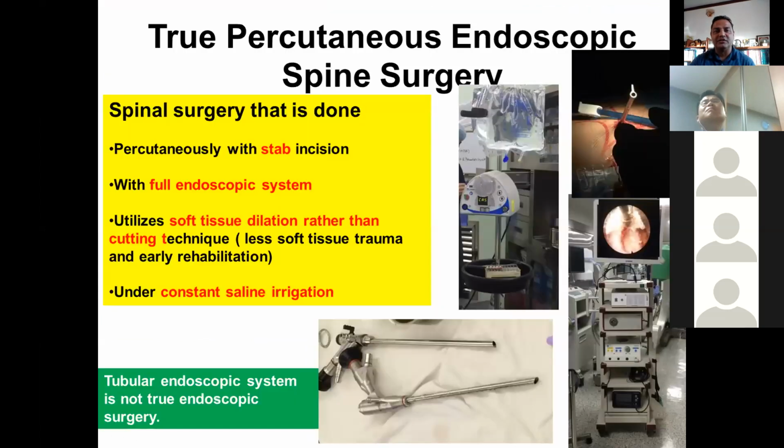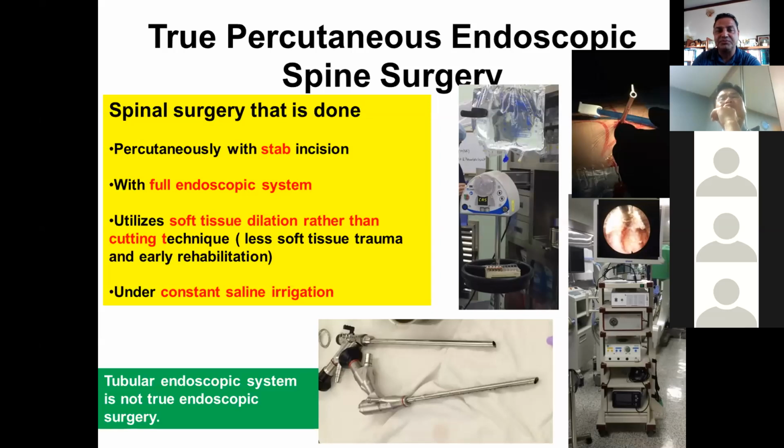We call it true percutaneous endoscopic spine surgery because to be true percutaneous endoscopic spine surgery, the surgery must be done percutaneously with a stab incision with a full endoscopic system, and utilize soft tissue dilation rather than a cutting technique.